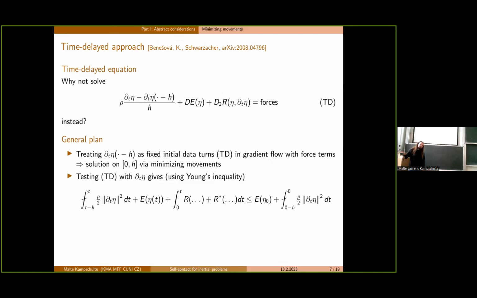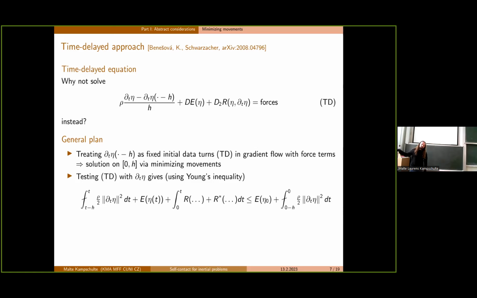The continuous equation we can test with the time derivative, ignoring some details about regularity here. And if you do this, we get this estimate, where I'm a bit cheating with notation, but the key aspect here is you get something that almost looks like the kinetic energy plus the potential energy plus some dissipation stuff that I won't go into detail on, which is less than what happened at the previous step.